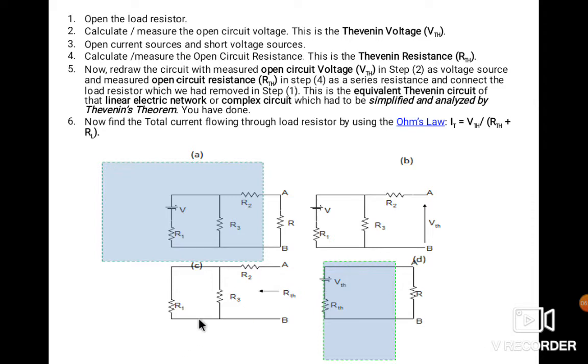Both are connected in series, and then connect the load, which in the first step we had removed. So connect the source and calculate the total current of the circuit. So these are the 6 steps.